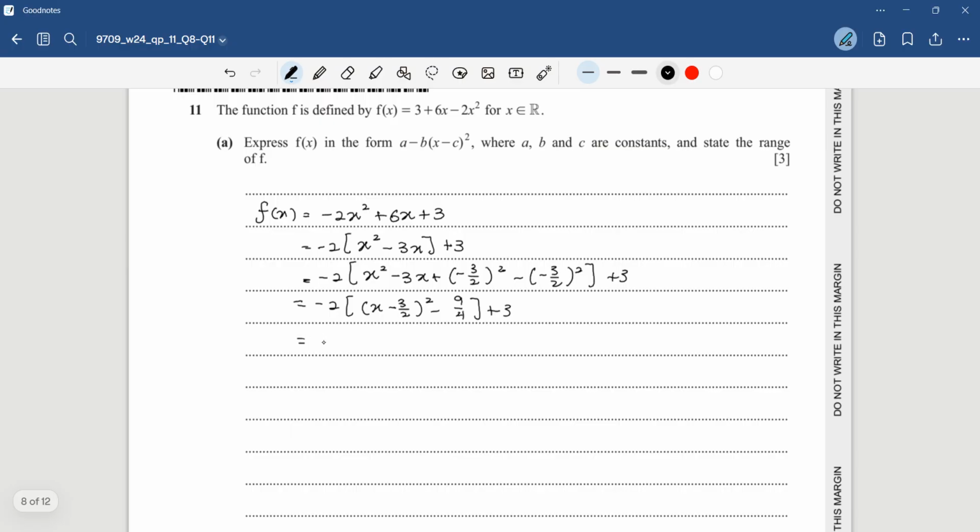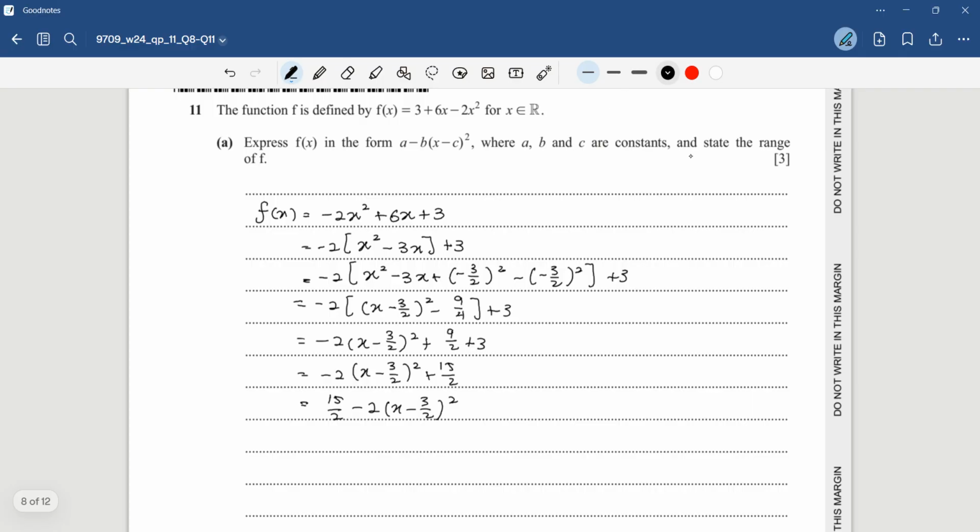So it's going to be negative 2 times (x minus 3 over 2) squared plus 9 over 2 plus 3. So it's going to be negative 2(x minus 3 over 2) squared plus 15 over 2. So you can rewrite it as 15 over 2 minus 2(x minus 3 over 2) squared.